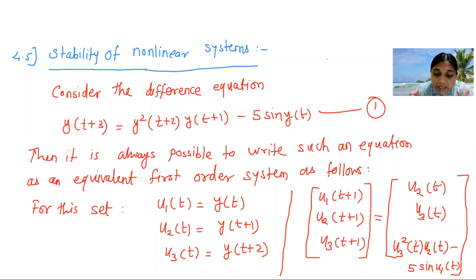Minus 5 times sine u1 t, because u1 t is y t. Right? So this non-linear equation I can represent as a first order system in this way. Okay. We'll go to the next page.